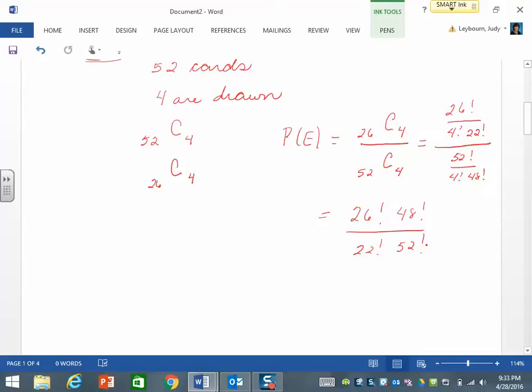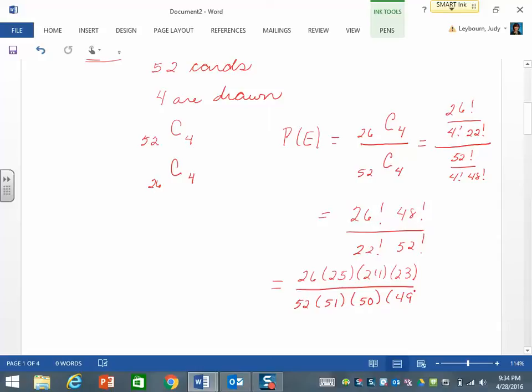Well, 26 factorial divided by 22 factorial would just be 26 times 25 times 24 times 23, and 48 factorial divided by 52 factorial would be 52 times 51 times 50 times 49.